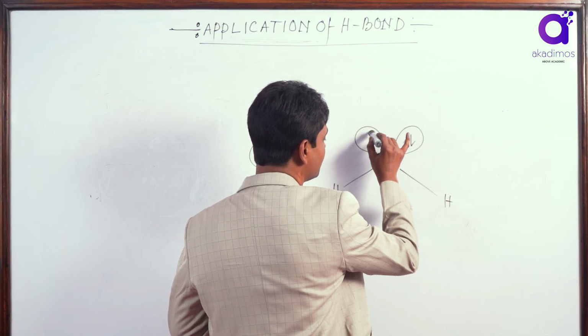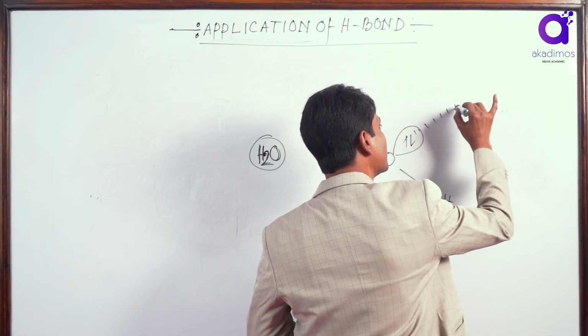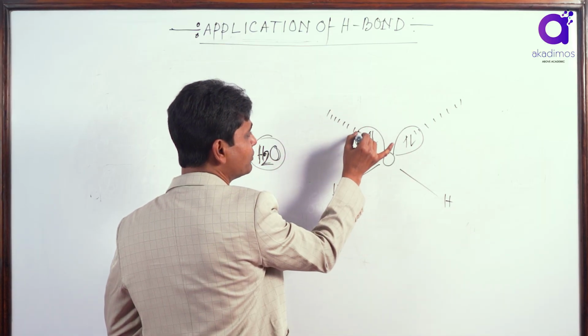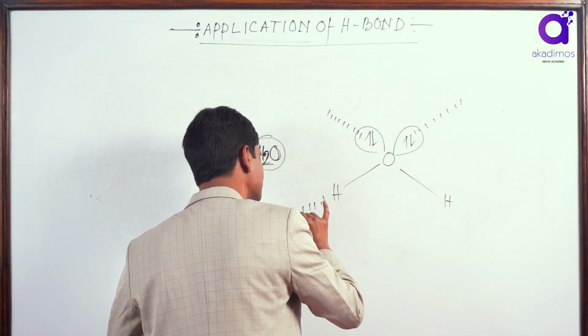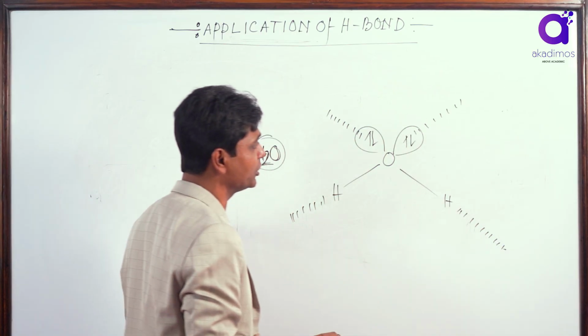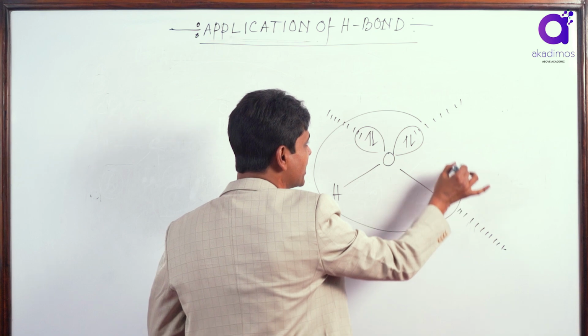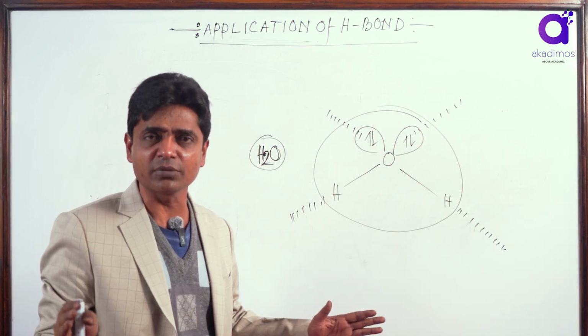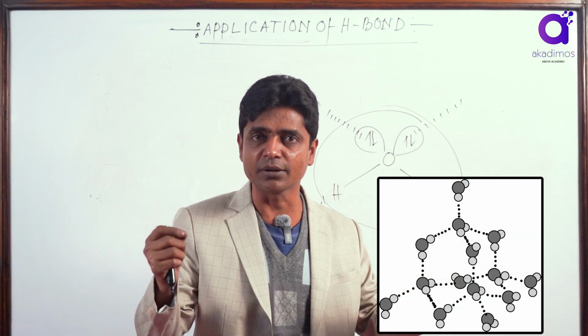You will get 4 hydrogen bonds: this side one hydrogen bond with one water molecule, this side one hydrogen bond with one water molecule, and so on for each side. That means each water molecule is tetrahedrally surrounded by 4 water molecules, like diamond. It's like a diamond crystal.